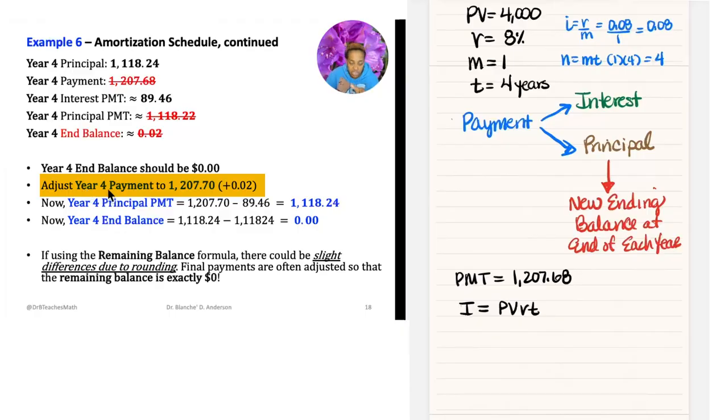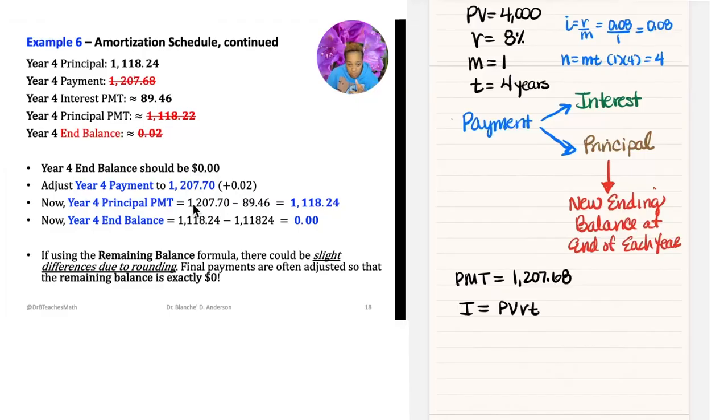So you're going to adjust your year 4 payment. That 2 cents, the financial institution is going to add it to your payment. So your last payment is actually going to be $1,207.70. Why? Because when we subtract our interest, we want to make sure that whatever you have left over is going to cover what you're supposed to cover and not anything more or anything less.